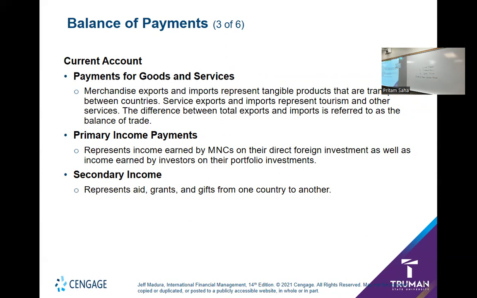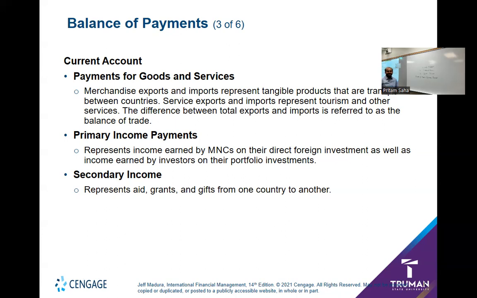So what can you interpret if your balance of trade is positive? What does it mean? Is it good?